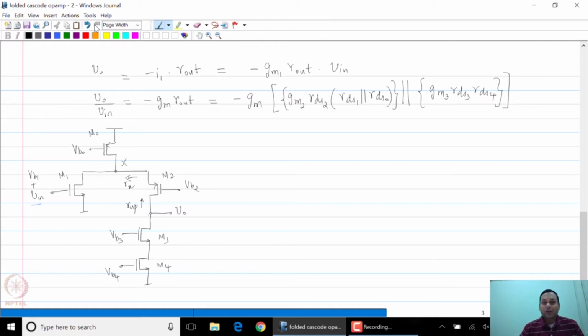Clearly, when you are analyzing for noise, you assume there is no input signal because the noise is uncorrelated with the signal. And since noise is a small signal quantity, you assume that small signal equivalent circuits are valid. And therefore the bias voltages at the appropriate nodes will be grounded.